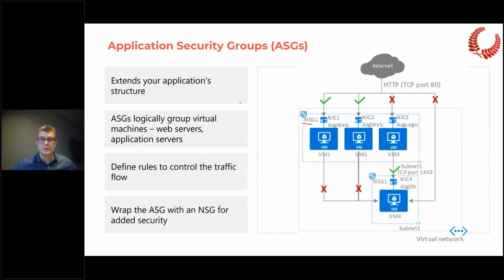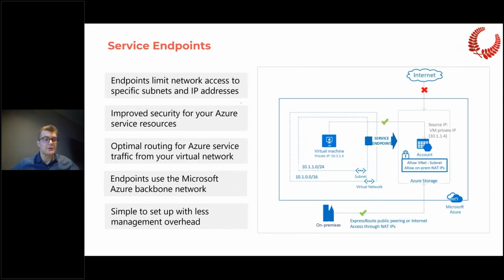So what we also have are service endpoints, and these service endpoints limit network access to specific subnets and IP addresses from specific service resources. In fact, these endpoints use the Azure backbone network, which is very secure and simple to set.